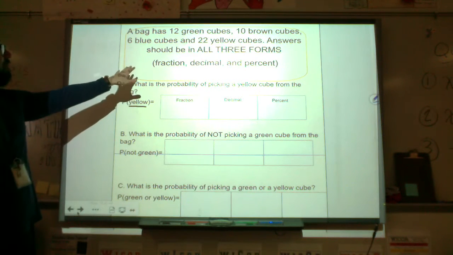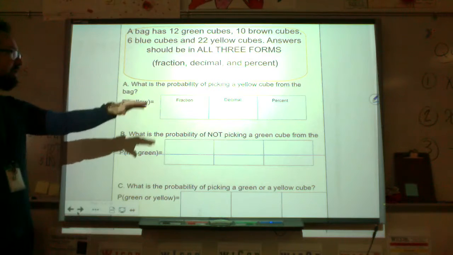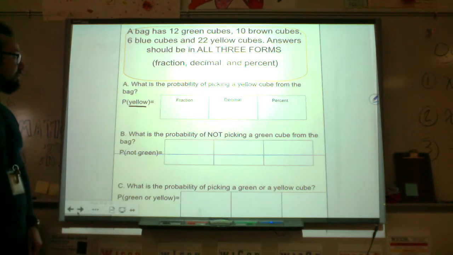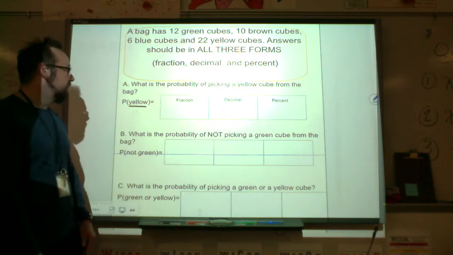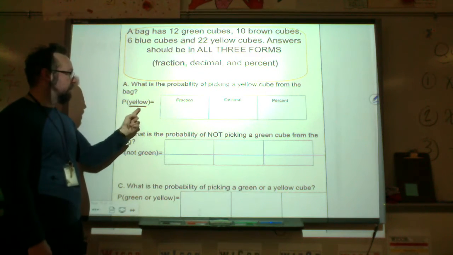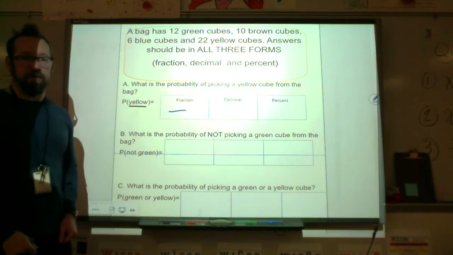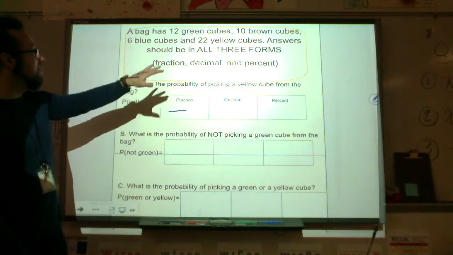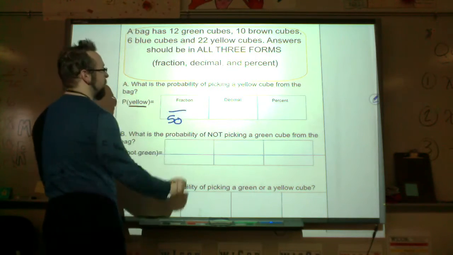A bag has 12 green cubes, 10 brown cubes, 6 blue cubes, 22 yellow cubes. We have to represent these things as fractions, decimals, and percents. All right, first question, what is the probability of picking a yellow cube? Here again is that notation with capital P, probability of yellow. Well, I need to know how many total cubes there are in this bag, right? So if I add all these things up, I get 50 cubes, right?